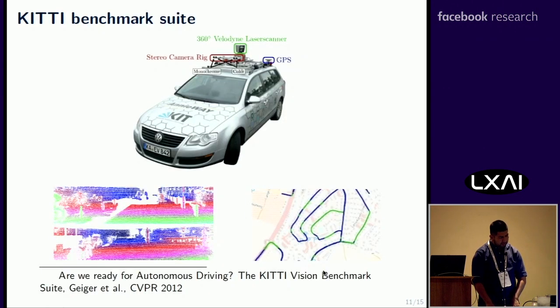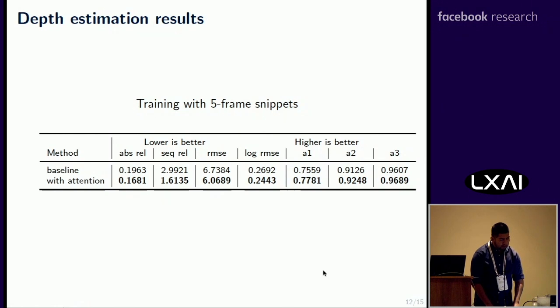To evaluate our method, we use the KITTI benchmark suite. And this benchmark has sparse depth maps for every frame, as well as a trajectory. Let's look at some results. We used a view synthesis baseline and compared the performance in depth estimation with our proposal, and we obtained better results using these error metrics that measure the error at pixel level.